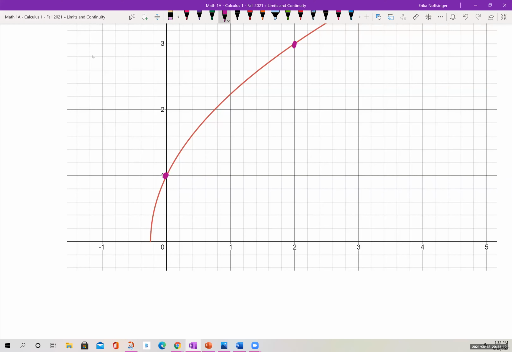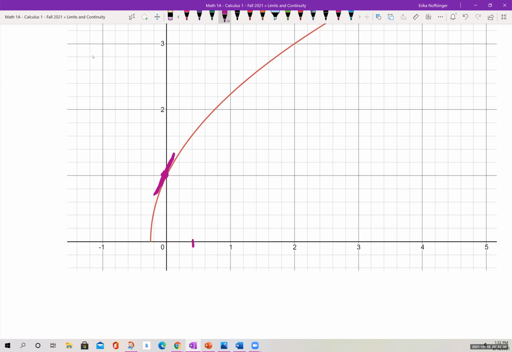So the line between these two does not look like the slope right in here, right? But if I chose my value closer to the point where I'm trying to find the slope, I'm going to get better each time.